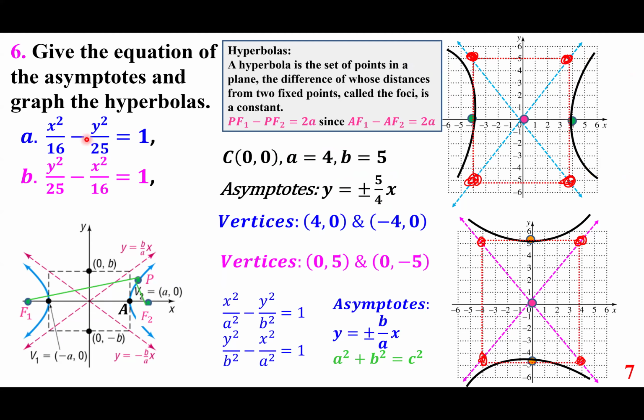So for this one, x squared over 16 opens sideways. For this one, opens up and down. That's the difference. So the difference would be the vertices. I hope everybody is comfortable with that. We are going to move on.